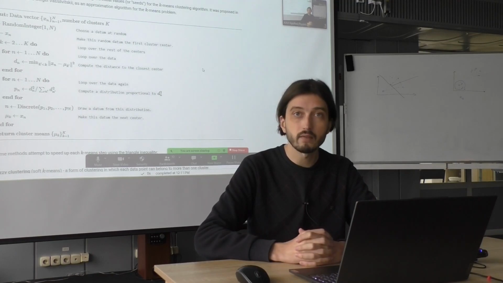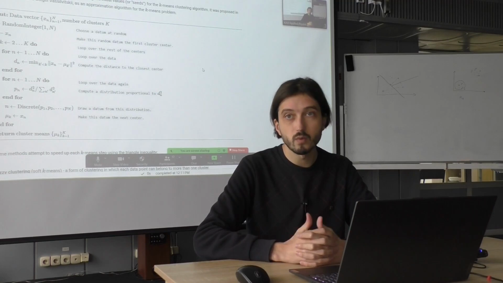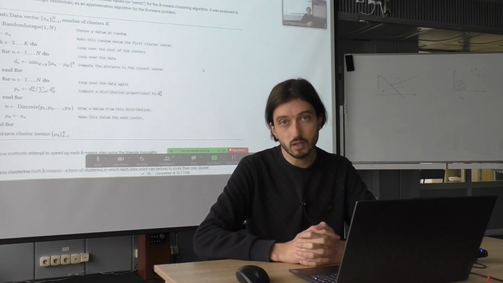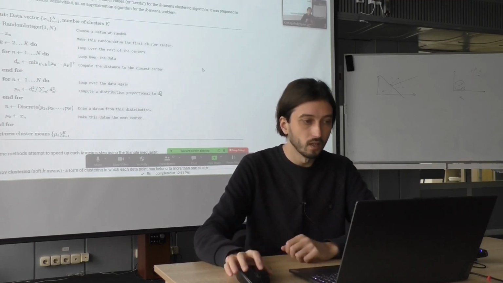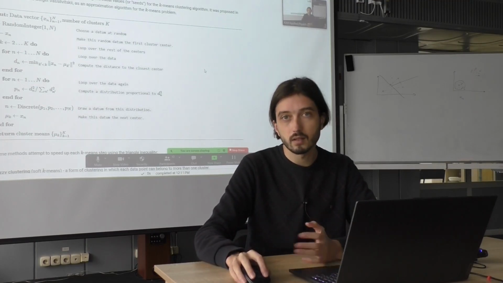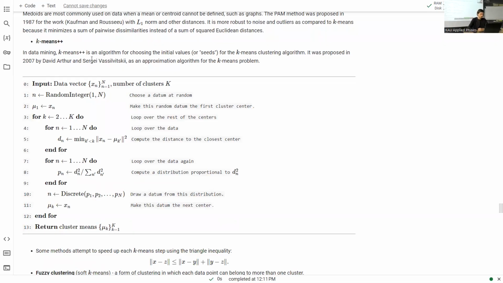We already had problems with outliers with these Euclidean distances when we were considering, for example, linear regression and so on. If we have that sum of squares, it really doesn't like outliers because it grows very fast.